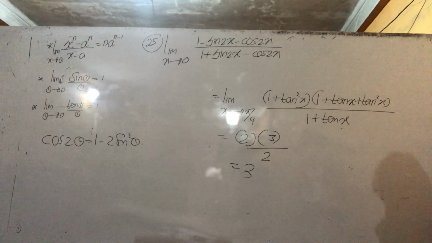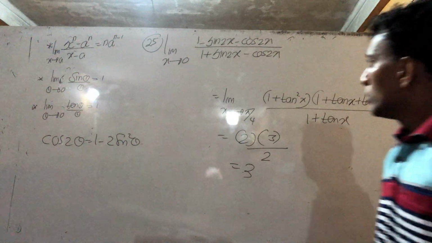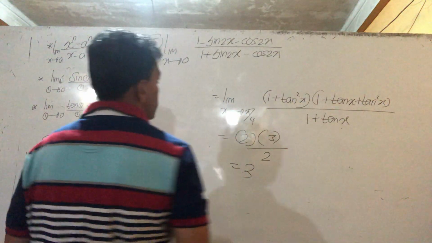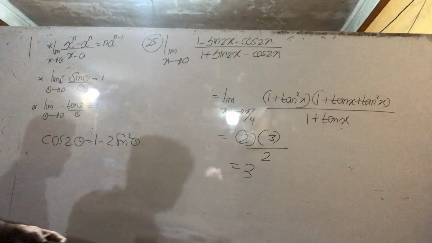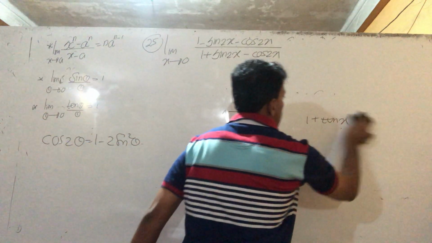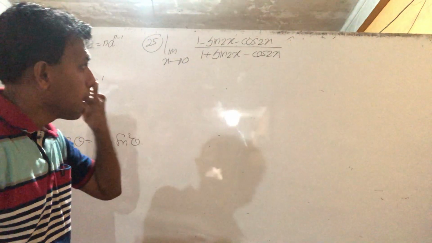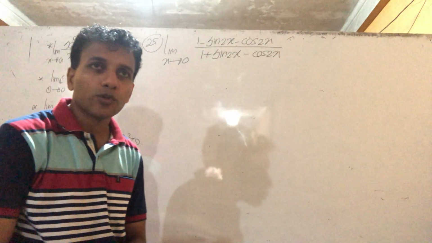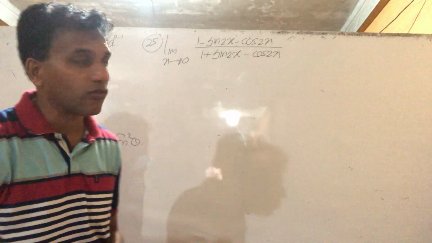X approaches 0. So what is the idea? We have the standard theory for sine theta over theta and tan theta over theta. In this problem, sine 2x is available, which can be converted to 2 sine x cos x, the 2 sine theta cos theta form.